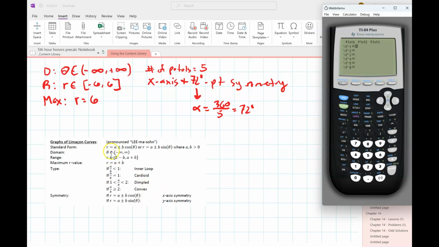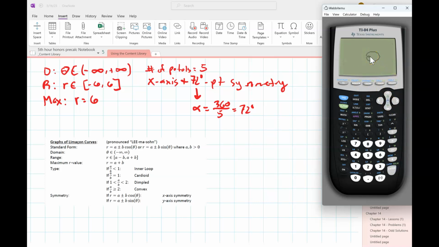All right, so a over b has to be less than 1. Maybe we do a is 2 and b is 3. So 2 divided by 3 is less than 1. This should be an inner loop. I'm going to turn the axis off real quick so it'll be easier to see the features.